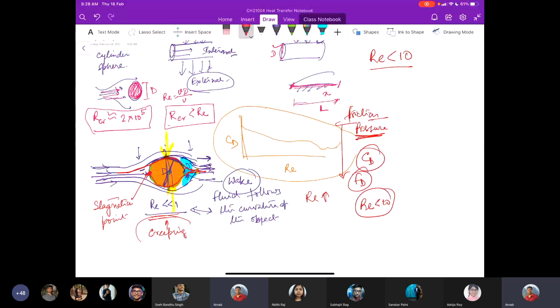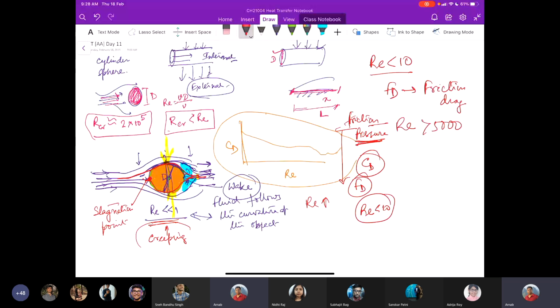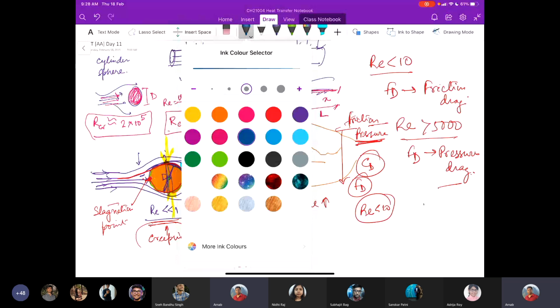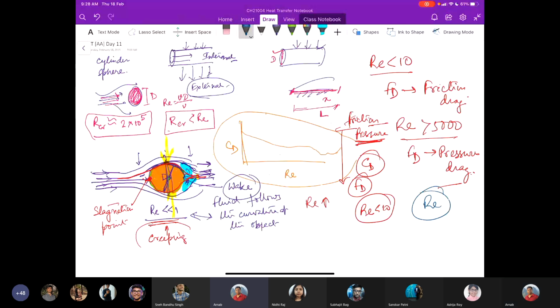For Reynolds number greater than 5,000, the drag force is primarily due to the pressure drag. But both these drags, the friction and the pressure drag, are significant when you have intermediate Reynolds number.